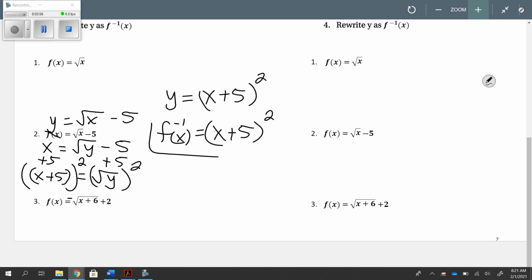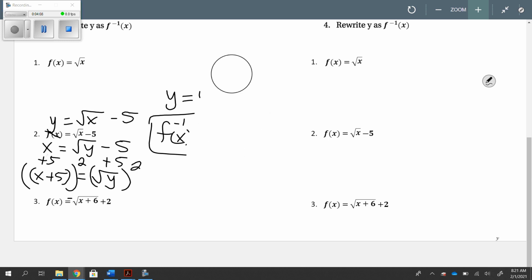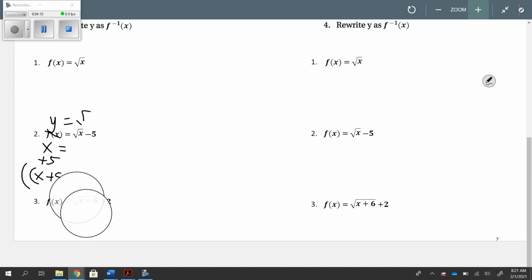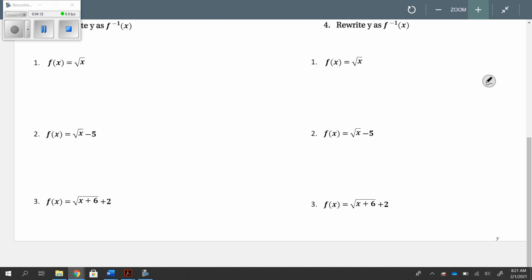And we're done. And again, looking at the original equation, it was the square root of x minus 5, and the inverse is x plus 5 squared. Okay, so the opposite. This should not be hard. This should be really easy. Just switch x and y, solve for y, and your answer, to make sure you're doing it right, you know it should be the opposite, okay?